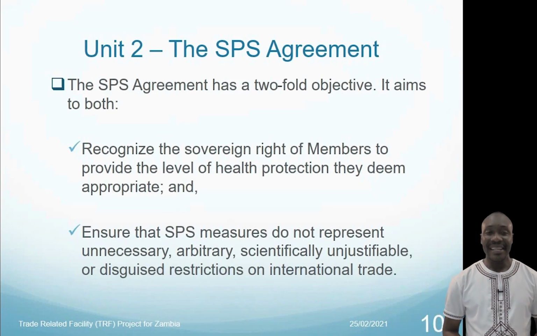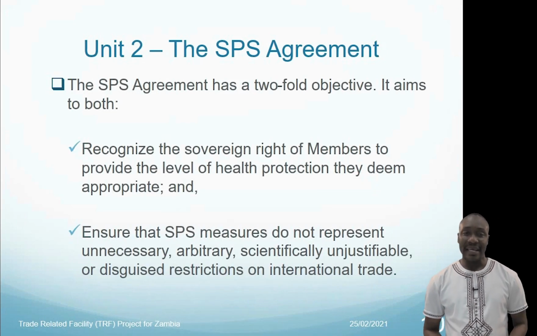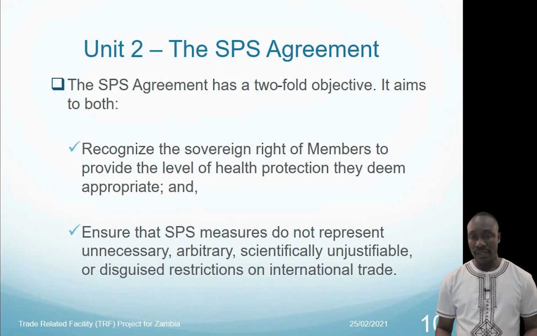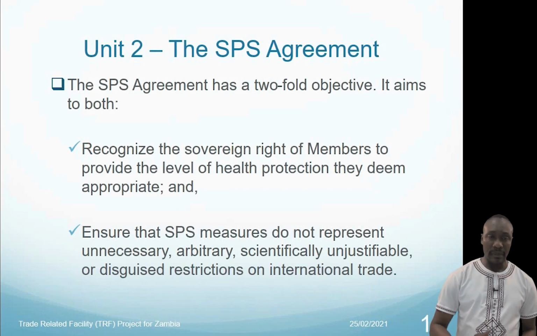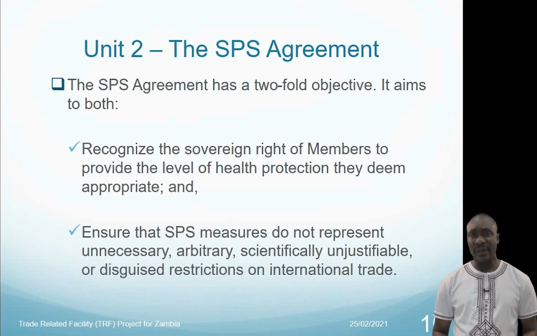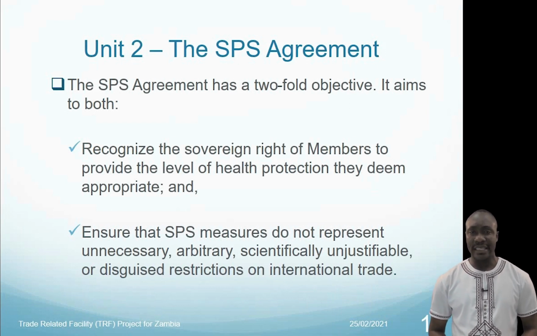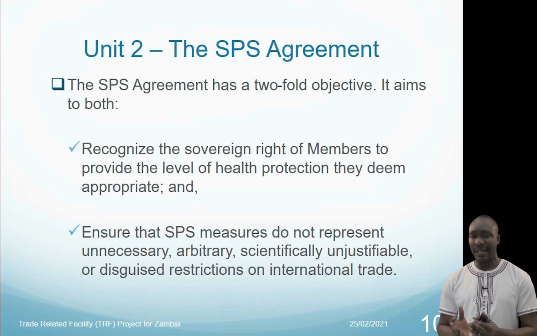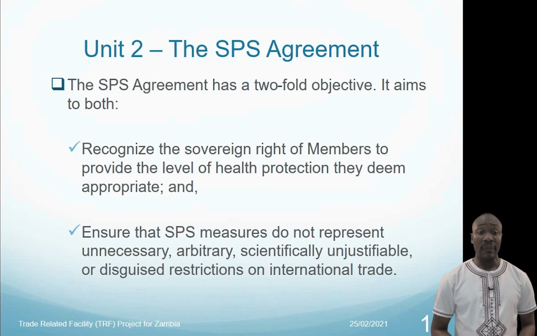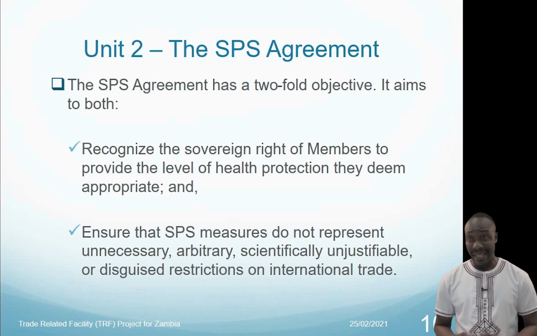Okay, the SPS agreement has a twofold objective. Now, we're just trying to amplify this point: the first one is that every country that is a member of the WTO has a sovereign right to provide some level of protection, some level that is deemed by themselves to be appropriate.